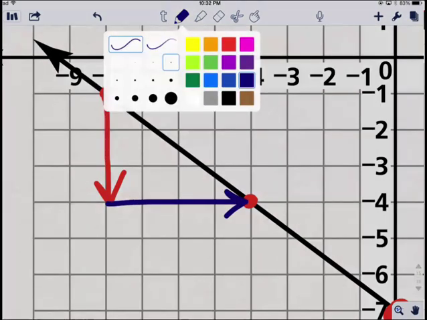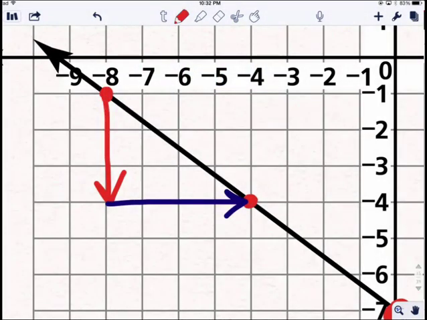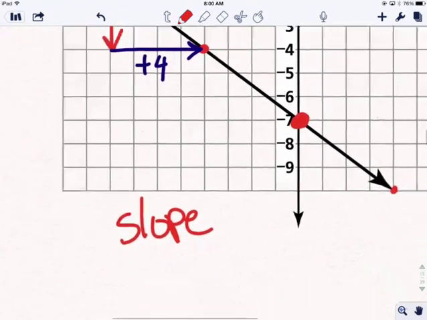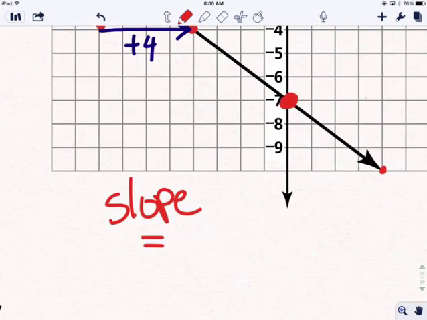Now the vertical change, you'll notice that the graph goes down by 3 units, and the horizontal change is positive 4. So that must mean that the slope of the line is equal to negative 3 over positive 4, right?